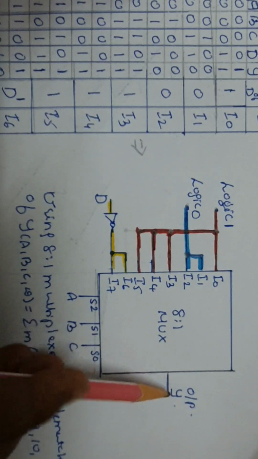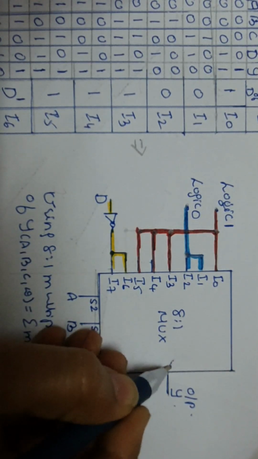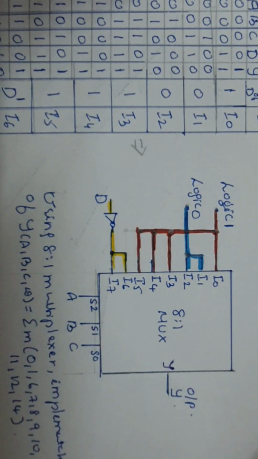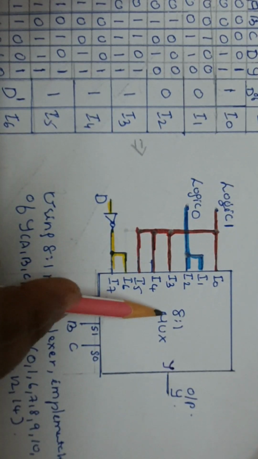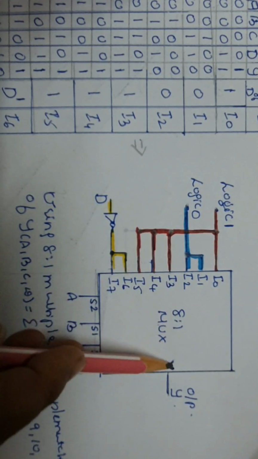It has one output, that is the Y output. Then the 8:1 mux is drawn this way. It has 8 inputs, 1 output. So the output literal is Y here.